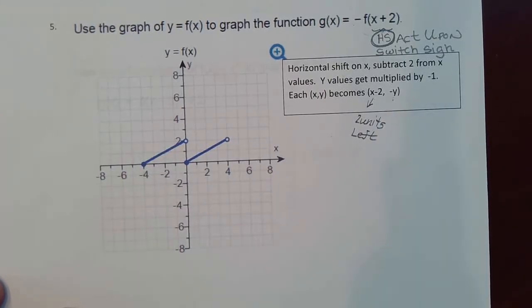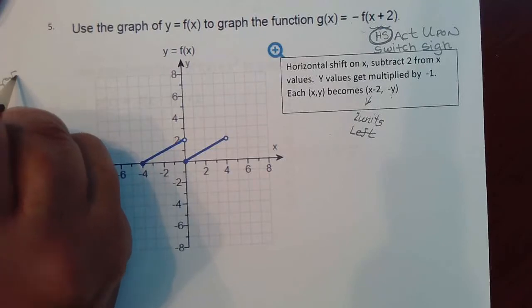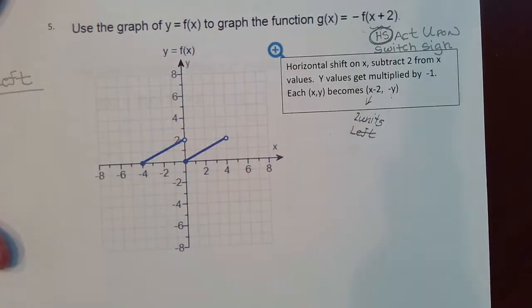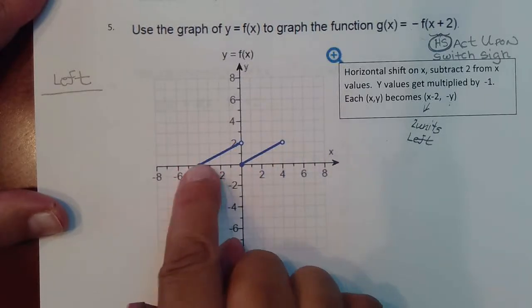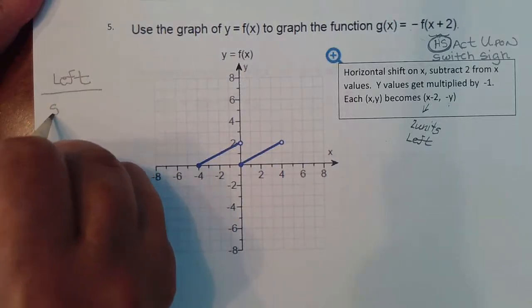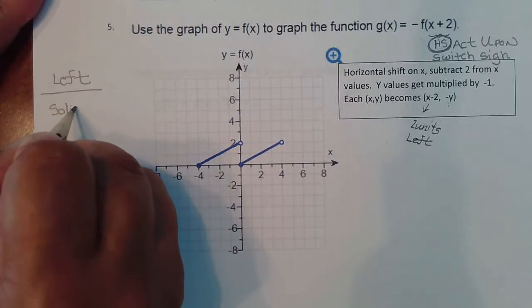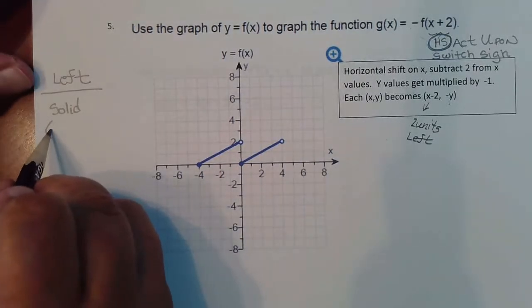Now, because this graph comes in 2 pieces, I'm going to keep this organized for you. We'll do the leftmost piece first. Notice that the leftmost piece, as well as the right piece, has a solid endpoint and an open endpoint. So first I'm going to do the solid endpoint, listing it right from the graph, which is -4, 0.